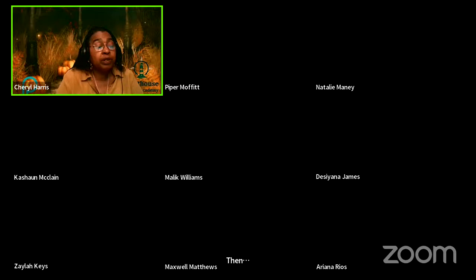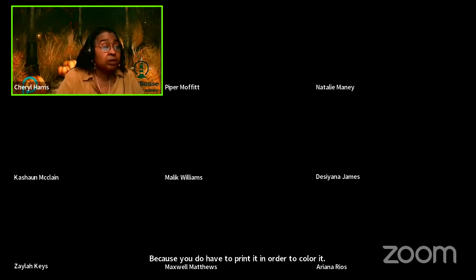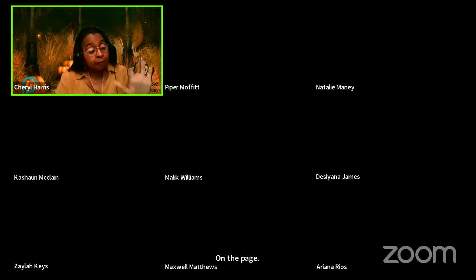You do have to print it in order to color it, unless you have one of those magic art computers that allow you to color on the page. If you are not able to color it, at least send back the answer page with the correct answers circled, and I'll give you half credit for that. Again, these are extra points.